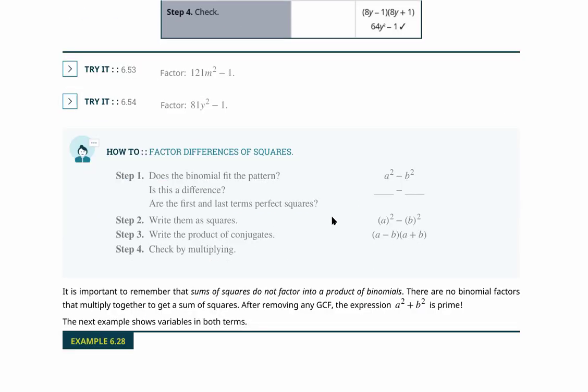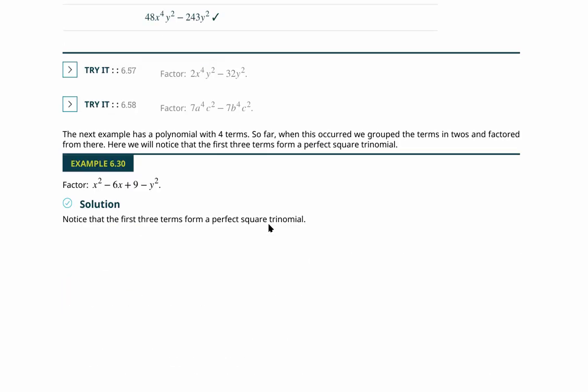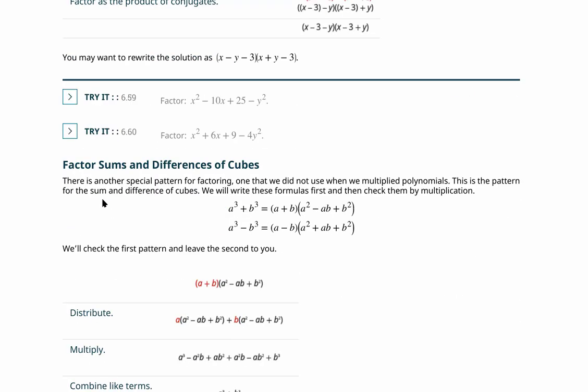And they do some more complicated patterns too, but we're not looking at sums and differences of cubes. Okay.